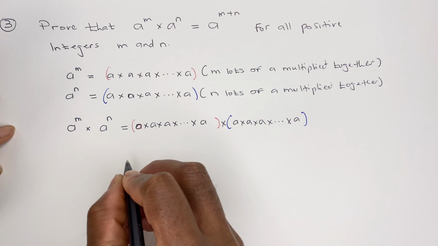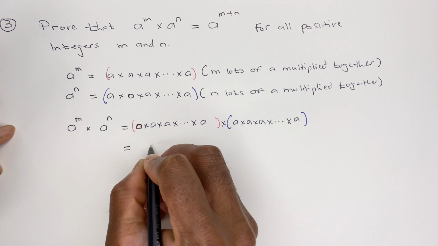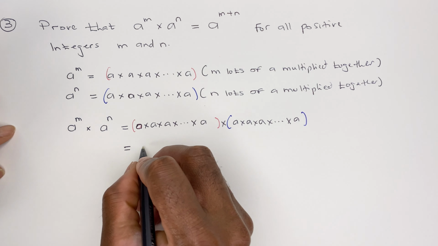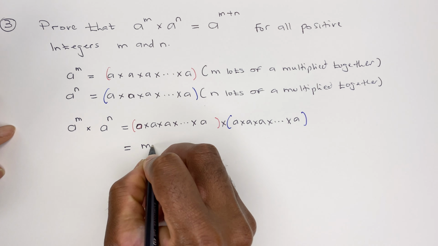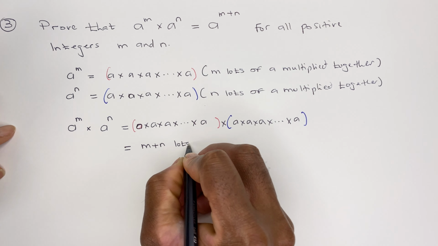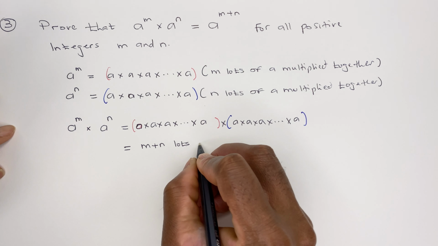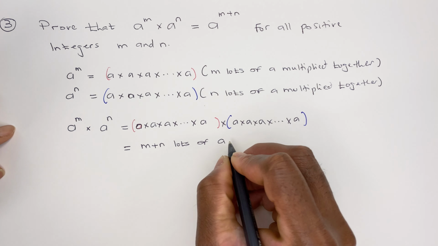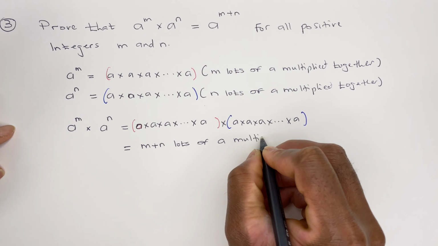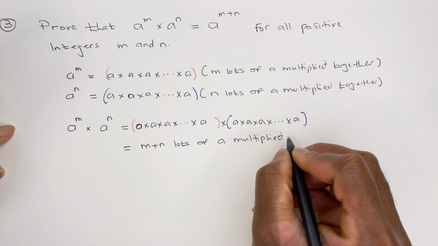And so what do we say this is? Well, that would be m plus n lots of a multiplied together.